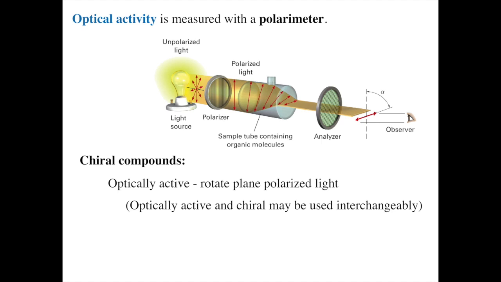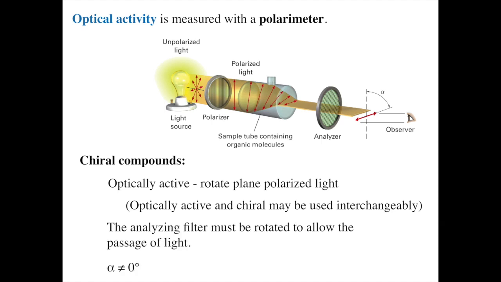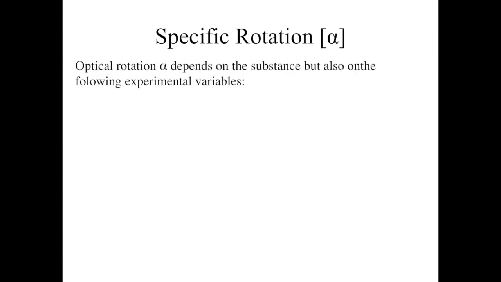So these terms get interchanged and used synonymously. You rotate that analyzing filter until you observe the most intense passage of light through it. The angle relative to the first polarizer in which you have to rotate it is the measurement alpha.